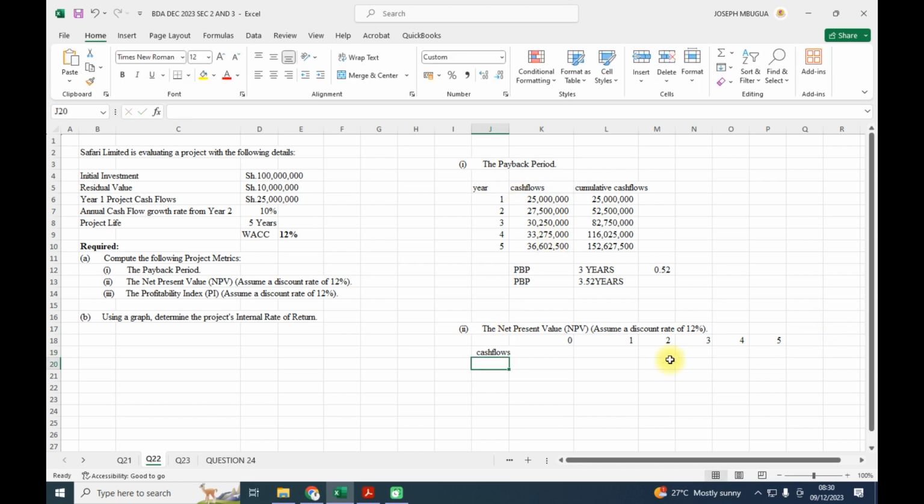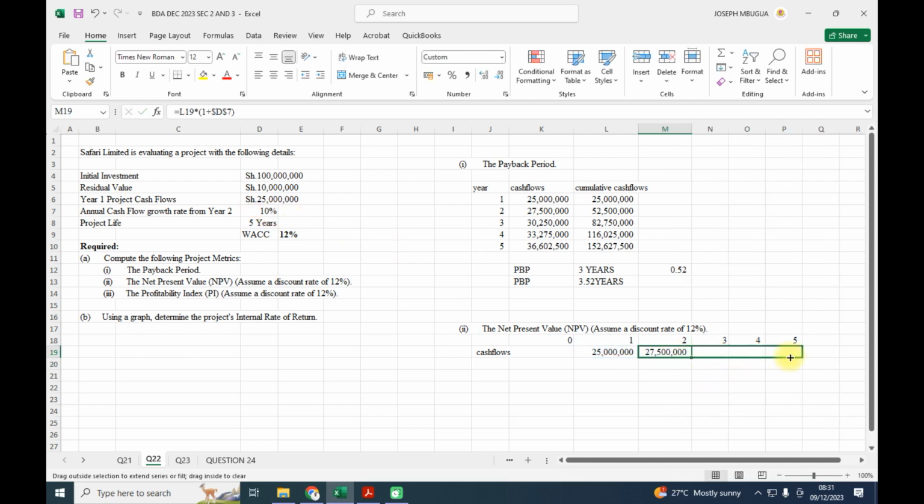So our cash flow for year 1, we had this value, 25. Year 2, we took this and multiplied by 1 plus the growth rate, and we locked the growth rate. Here we drag to autofill, and you will find that those are our cash flows.